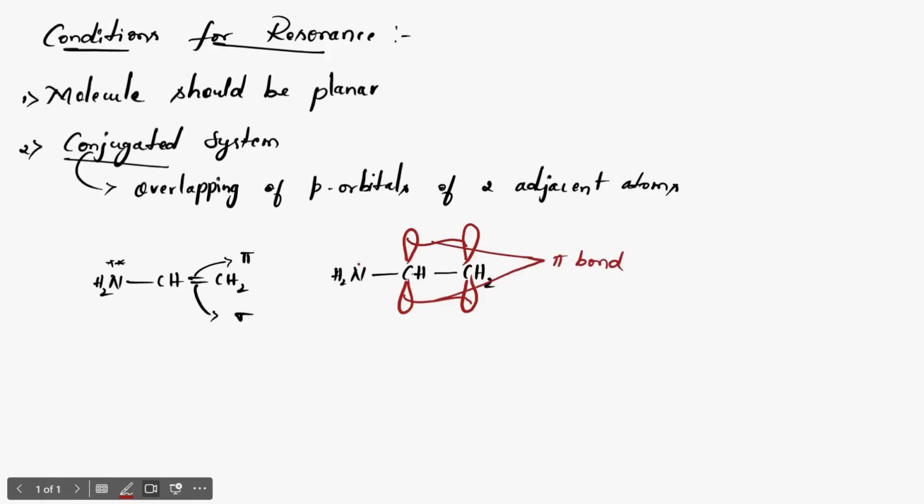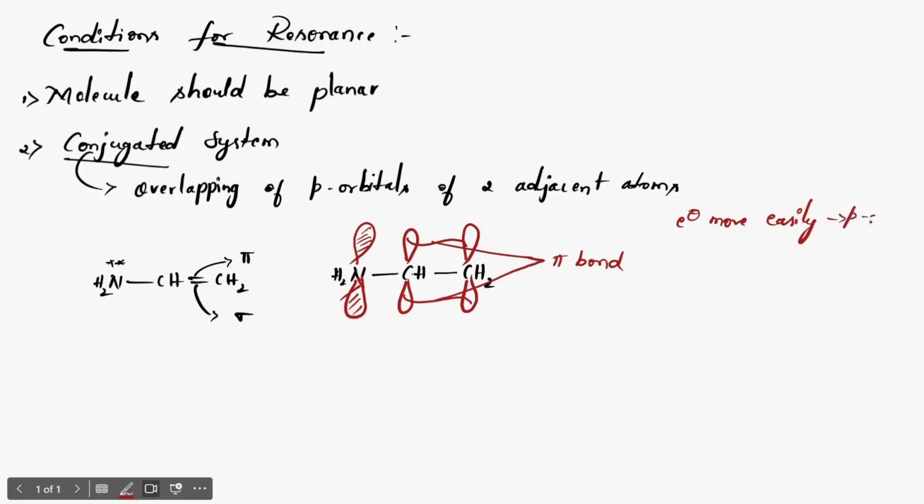Here nitrogen also has the lone pair of electrons, that is like this. So electrons move easily when the p orbitals are in parallel position.